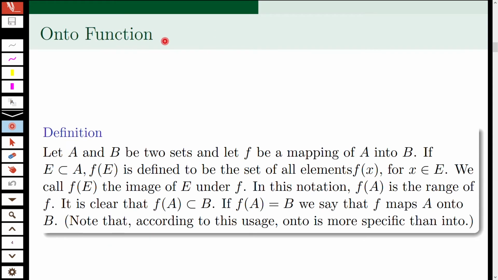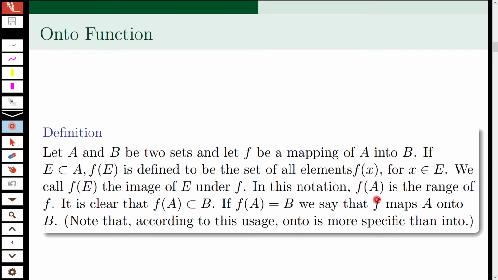Now we define onto function, for which first of all we define what is the image of E, a subset of A, under f. That is, what is f of E. Let A and B be two sets and let f be a mapping of A into B. If E is contained in A, f of E is defined to be the set of all elements f of x for x belongs to E. We call f of E the image of E under f.